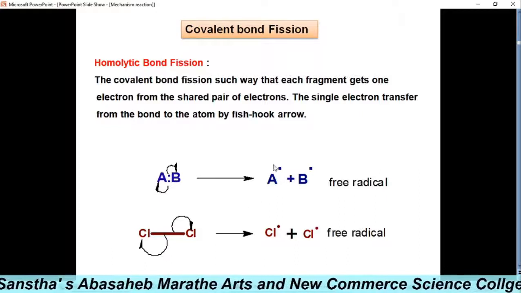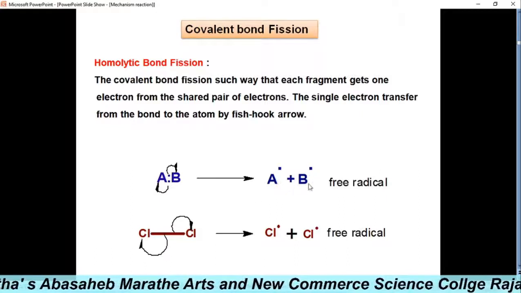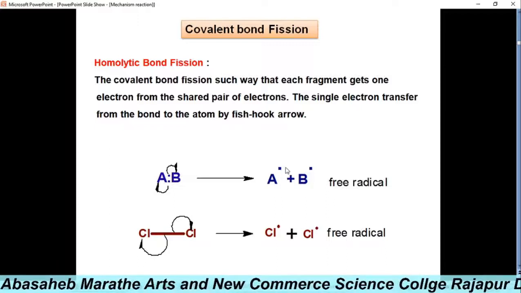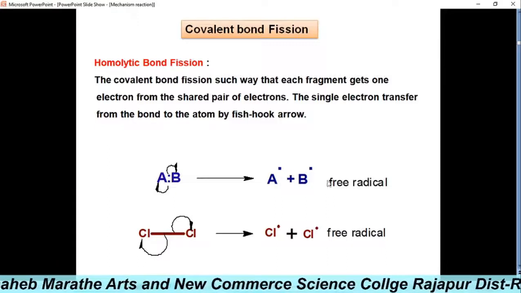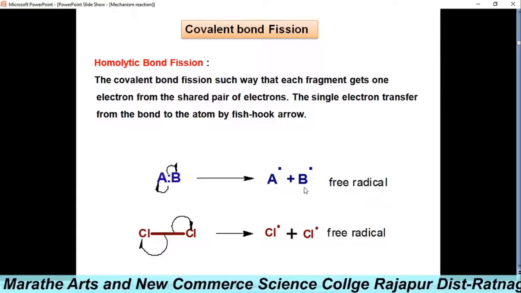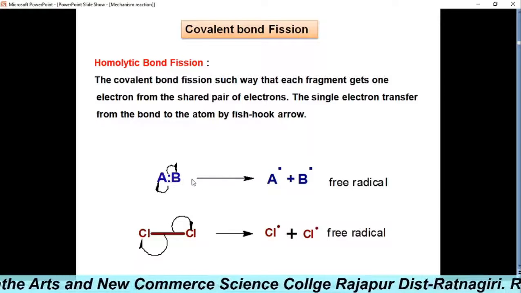So each atom is left with a single electron. Another name is a free radical type of mechanism.